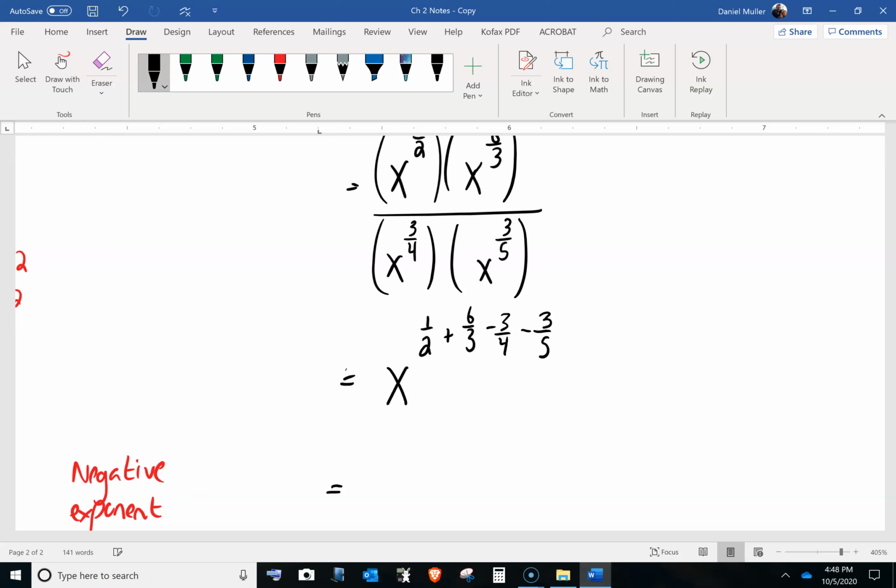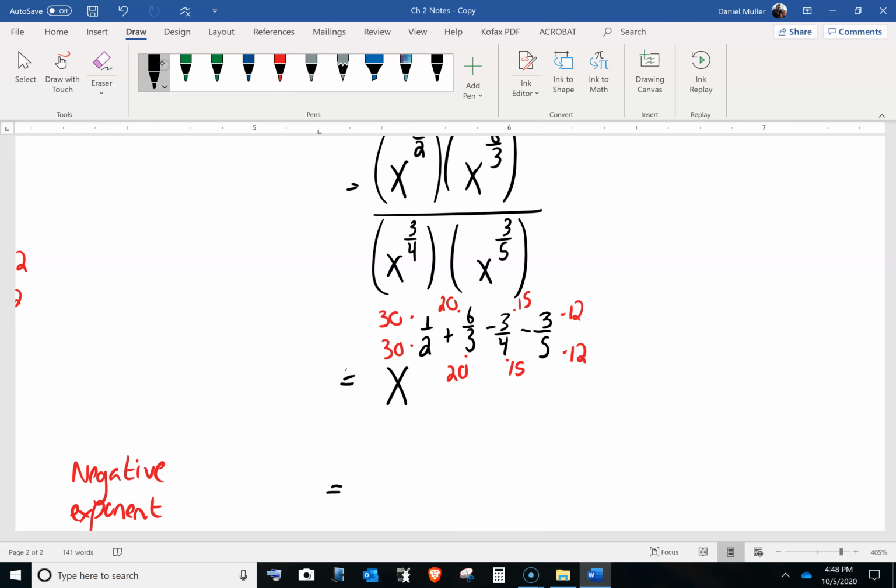So they all can go into 60. So we can multiply this by 12, because that would get us 60. Multiply that by 15, because that would get us 60. Multiply this by 20. 3 times 20 is 60. And this is going to be times by 30.